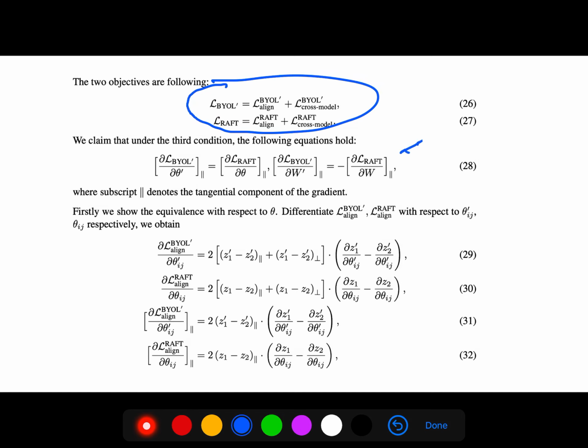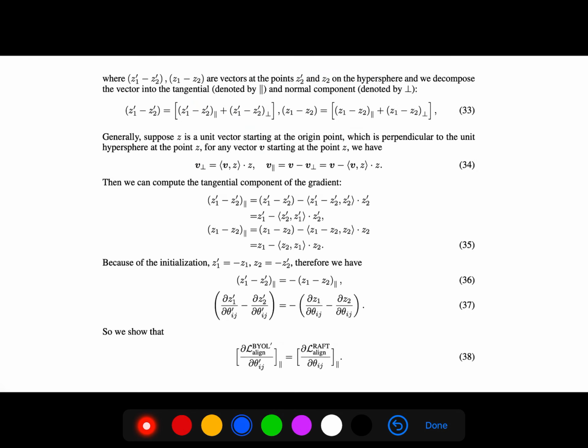Firstly, we show the equivalence with respect to theta, and then we differentiate with respect to theta prime. Now suppose Z is a unit vector starting at the origin, which is perpendicular to the unit hypersphere at the point Z for any vector. Then we can compute the tangential component of the gradient, and because of the initialization, we can show that the gradients are the same.